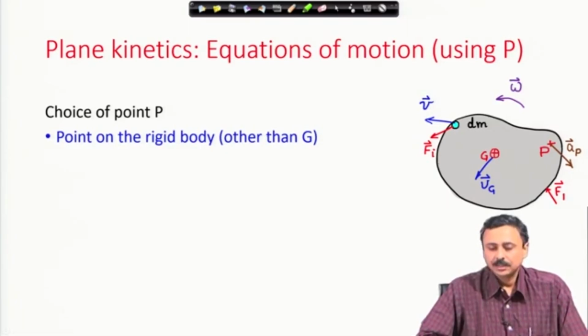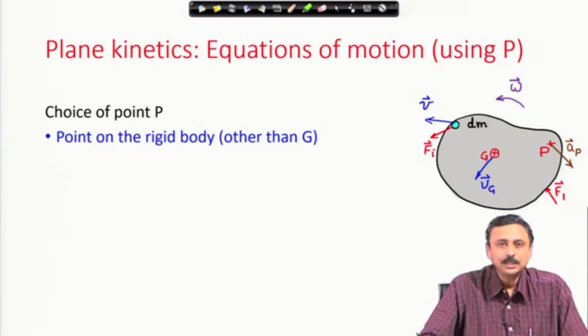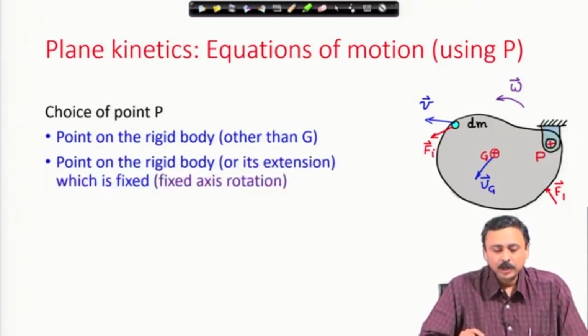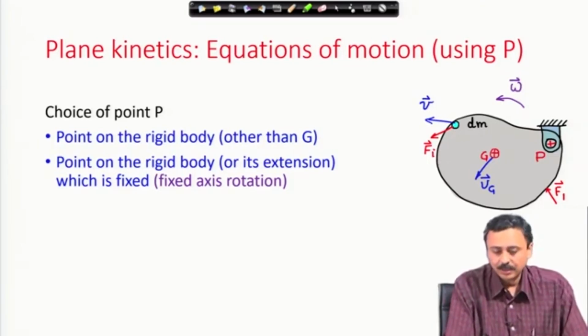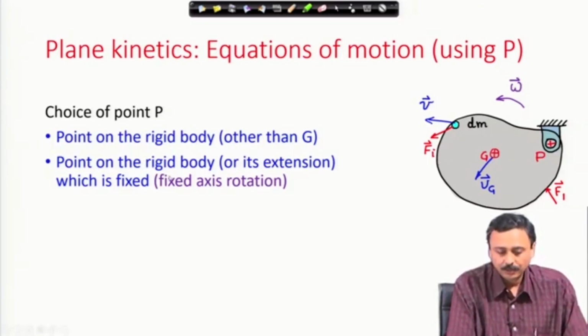Now, we consider a general point P. There can be two possible choices of P. The point P can be a point on the rigid body which is not G, or it will be a point which is on the rigid body or its extension which is fixed.